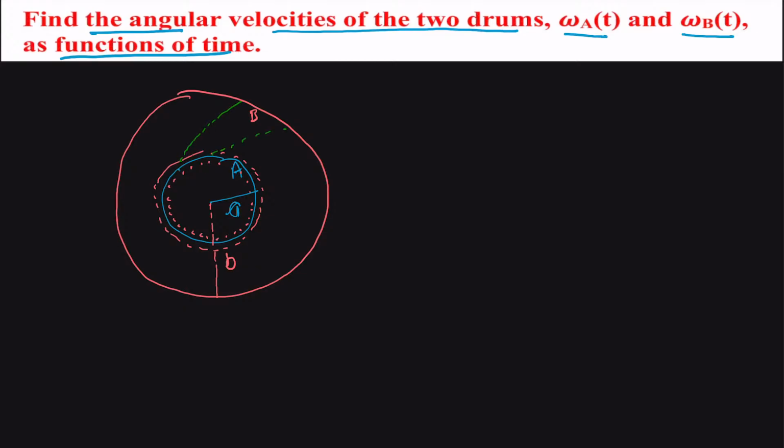Okay. It will be flying tangentially. Okay, so I think approximately this will work. And it is said that it is going to stick to drum B. So this is the basic question. And initially drum B was at rest and only drum A was rotating. Okay, so this is the question given to us.